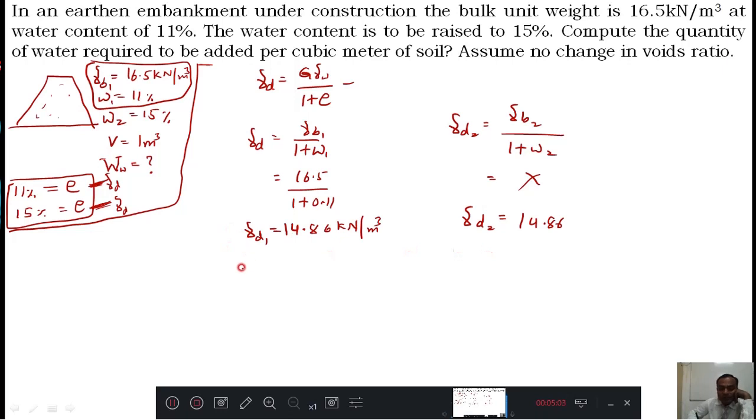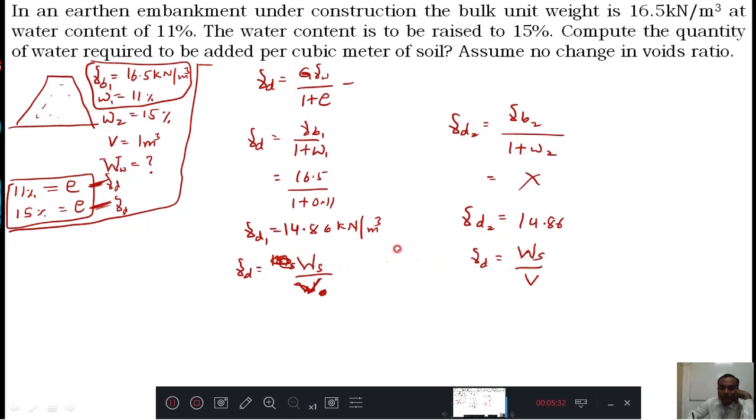From the basic equation, gamma D equals weight of solids to the total volume. Here also gamma D equals weight of solids to the total volume, but no need to calculate two times, just one is enough.